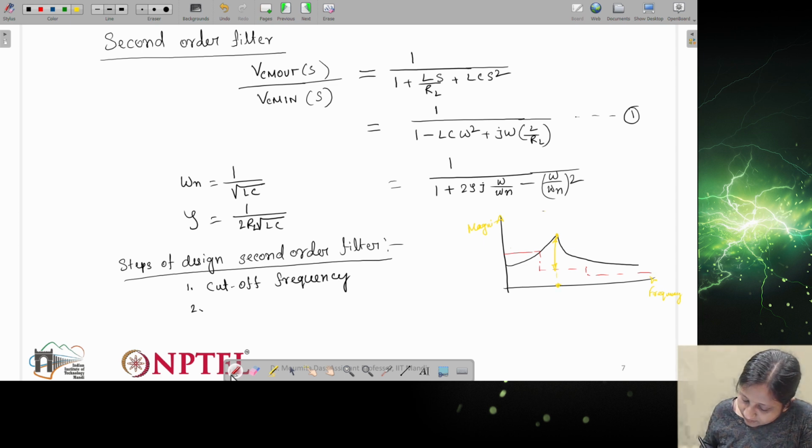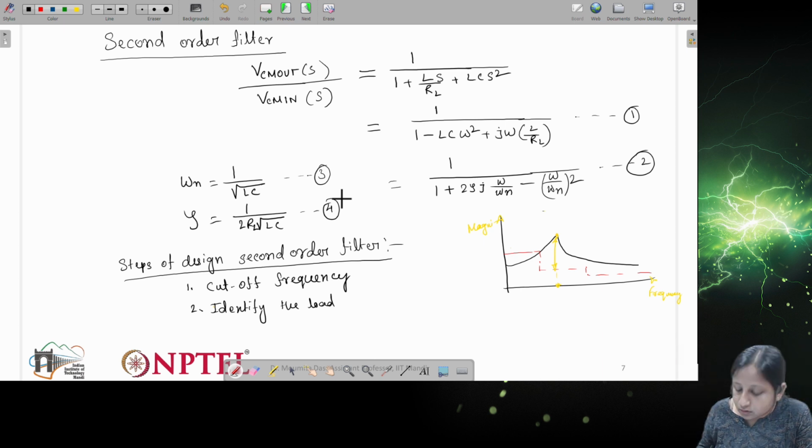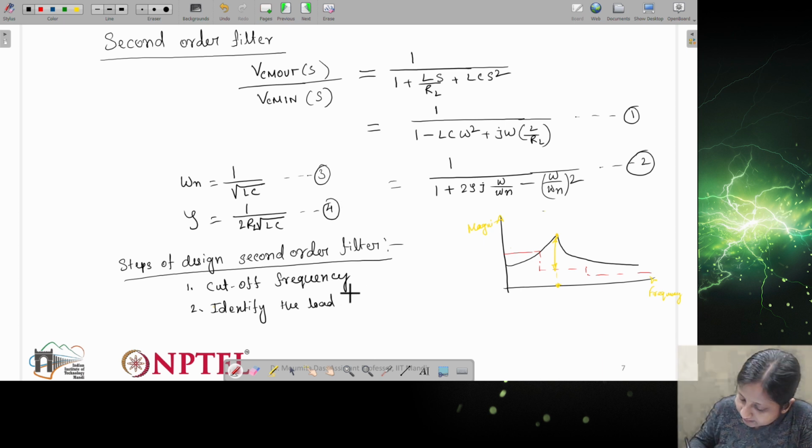Once you have the cutoff frequency, we then have to identify the load resistance, because that is also required. In this equation you can see these terms, 1, 2 and 3, 4, where the load resistance is present.